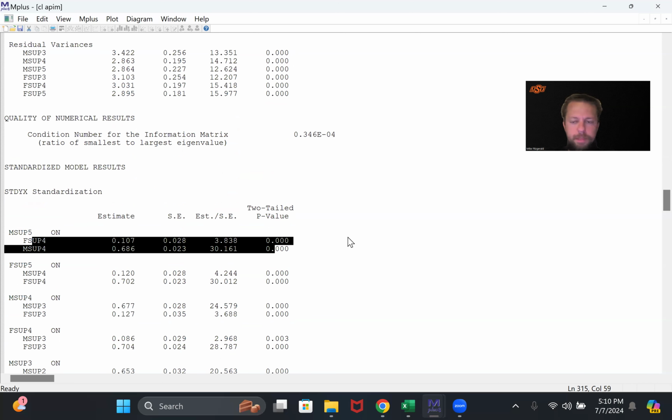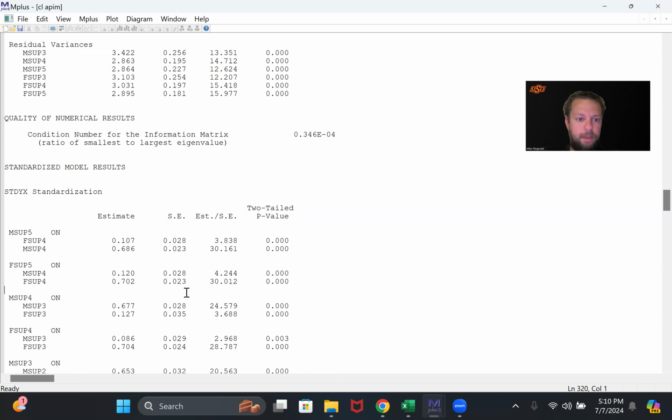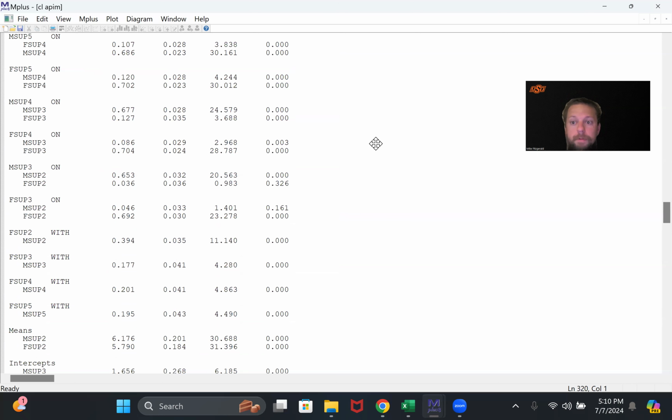Again, that's probably where you're going to see some variance differences between male and female on these variables, and so that can also change these things just a little bit, right? So that's why you'll see differences, even though there are no covariates and everything should be essentially on the same metric.